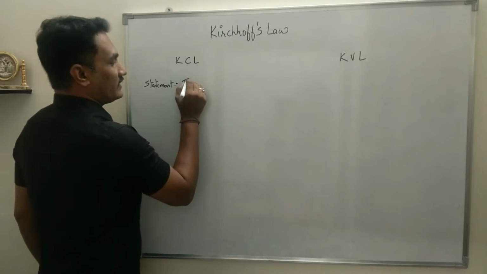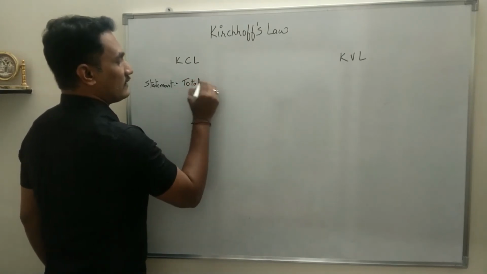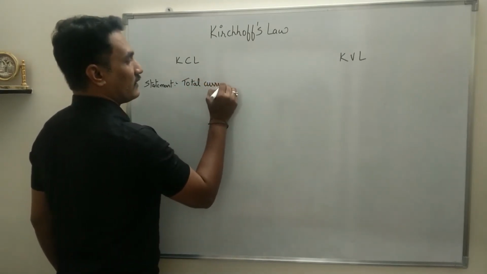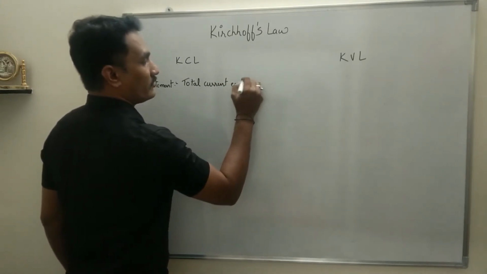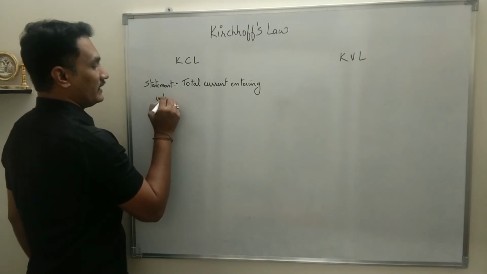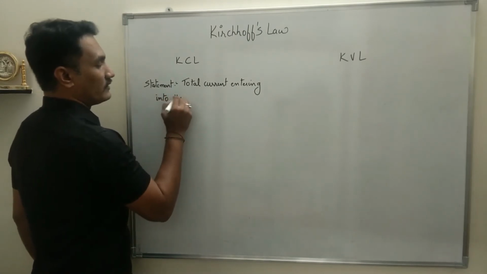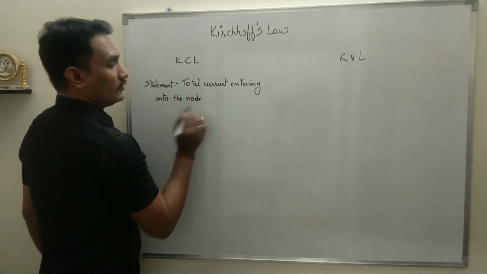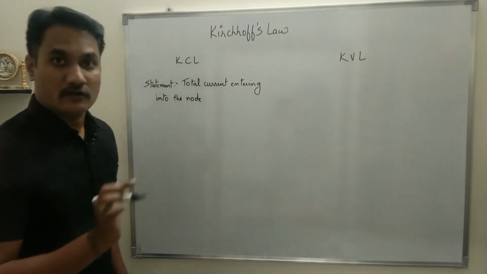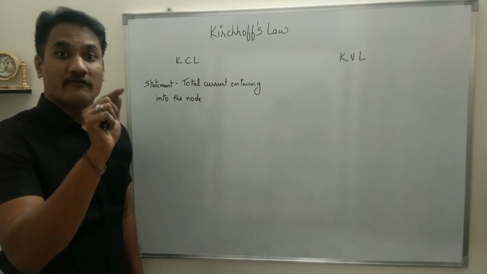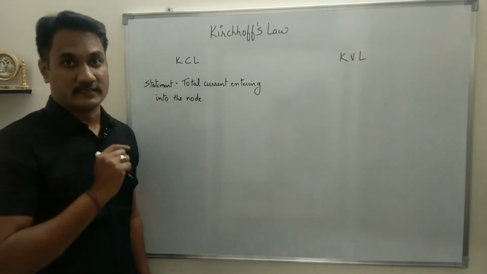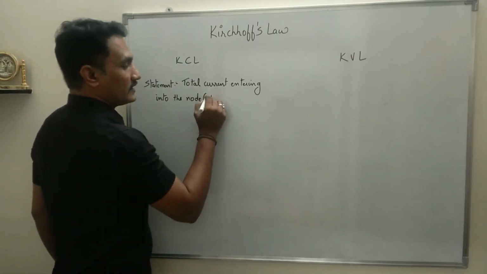KCL states that total current entering into the node in an electronic circuit. A node is a point in an electronic circuit where you have two or more branches. It will be a junction point.